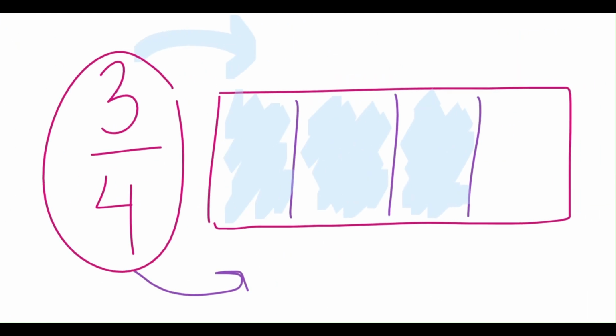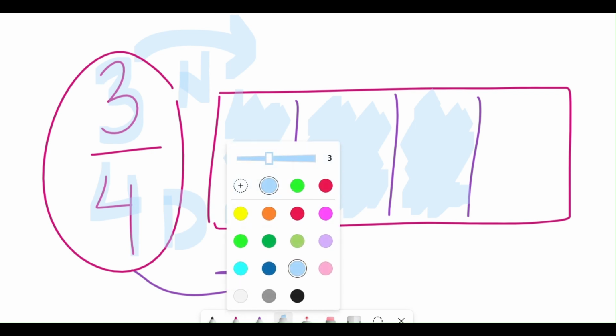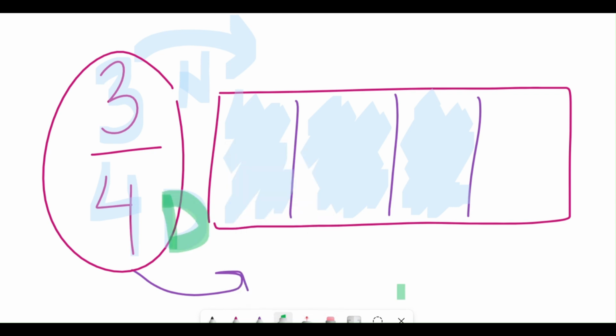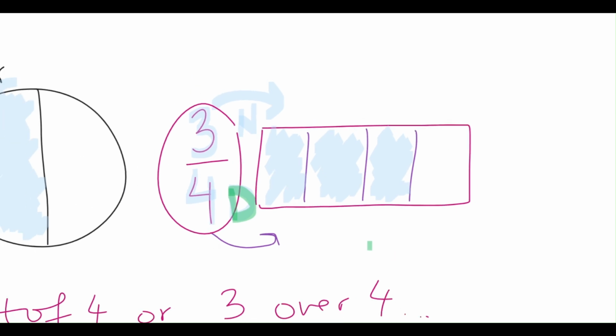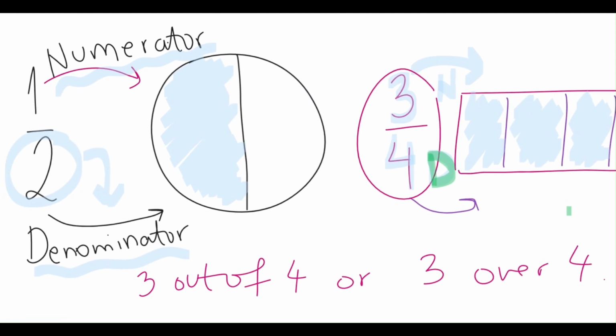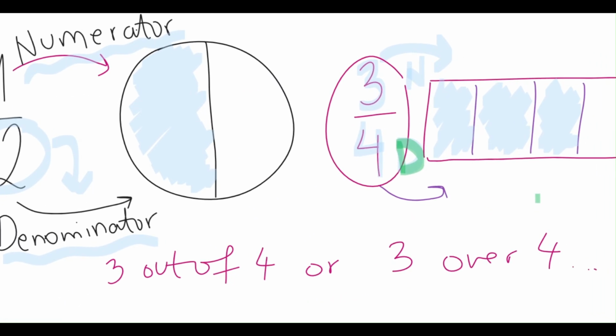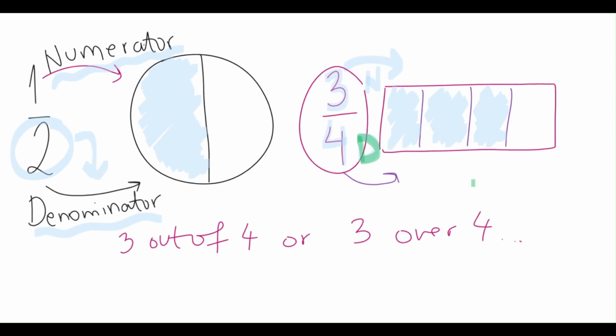In this one here, the number on top we call the numerator, and the number on the bottom we call the denominator. You can memorize this as "down denominator." All right, you can see here how to write it. You can always pause the video and take all the notes that you need.